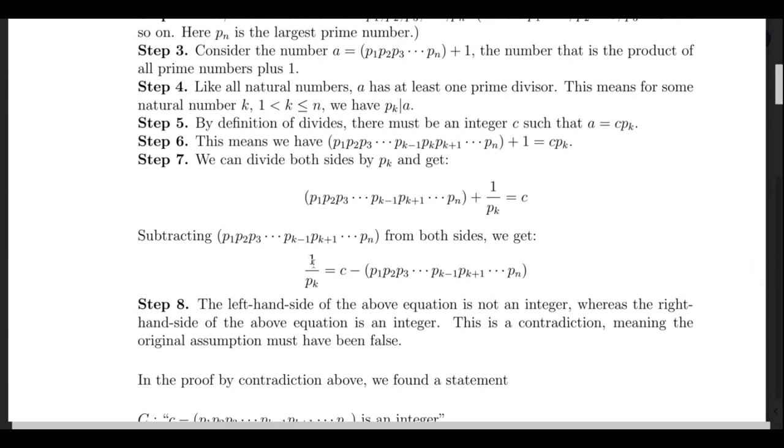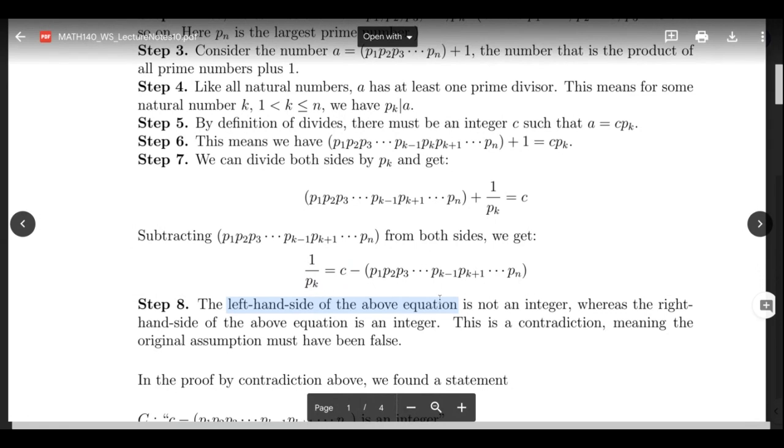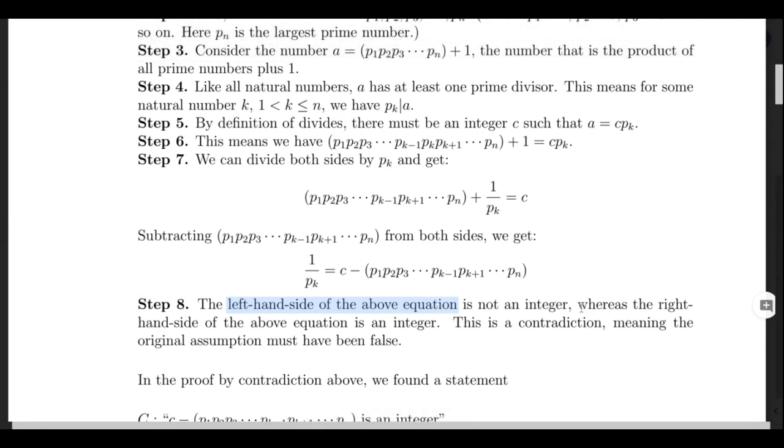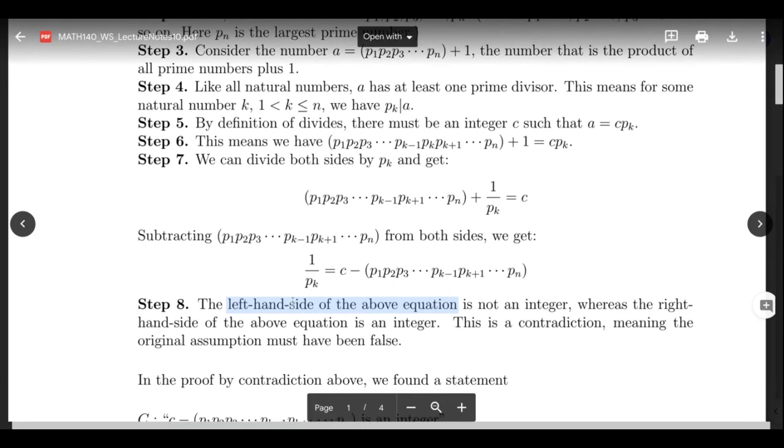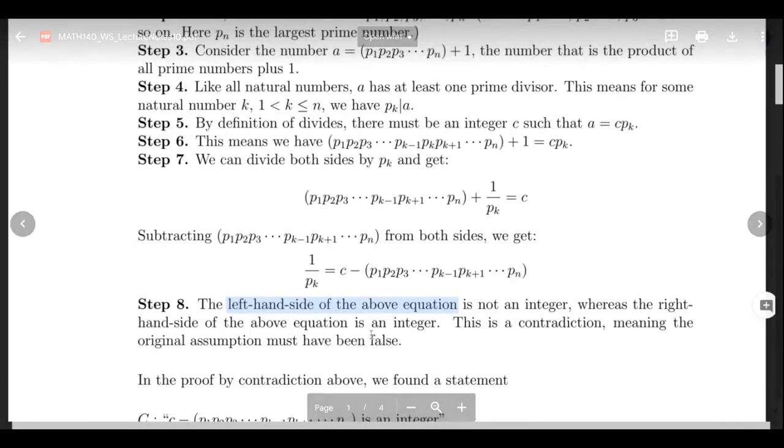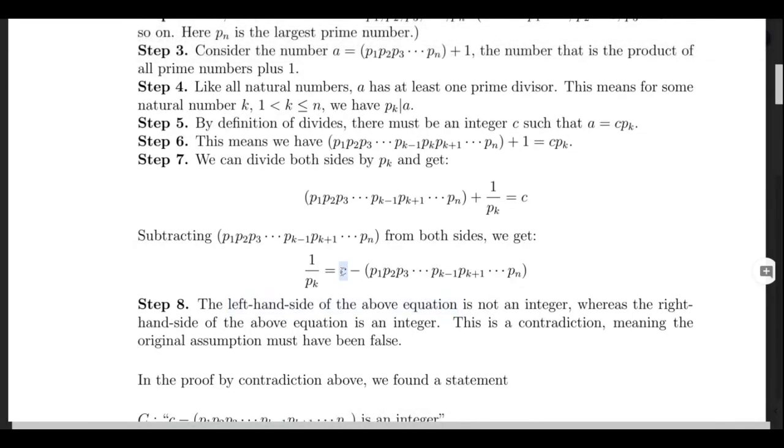So this number could be a half, could be 1/3, could be 1/5, could be 1/7, so on and so forth. So the left-hand side of the above equation is not an integer, but the right-hand side is an integer. So this is a contradiction.